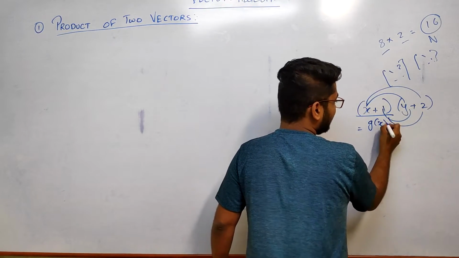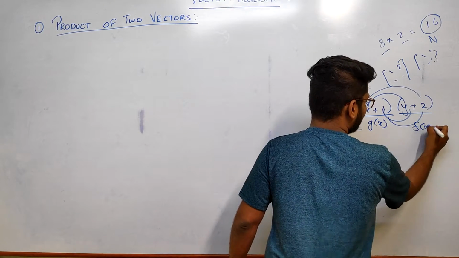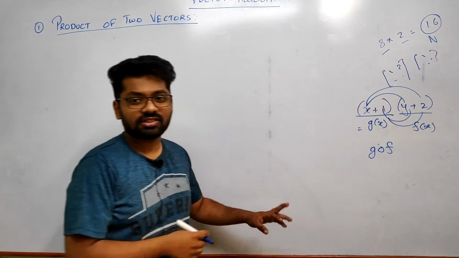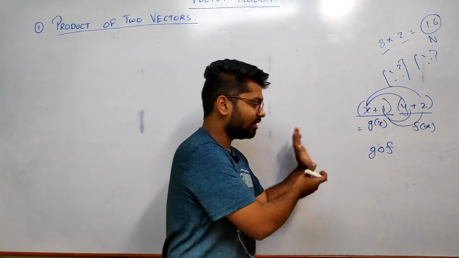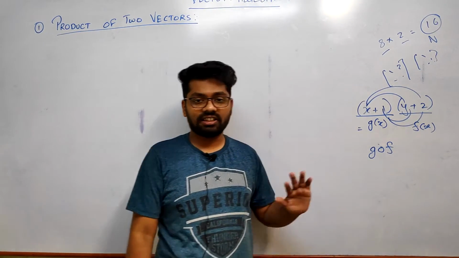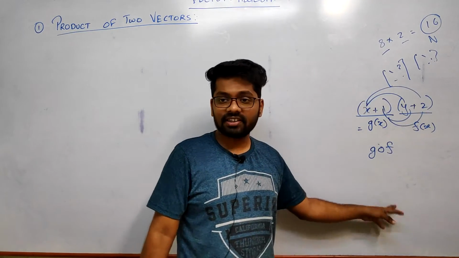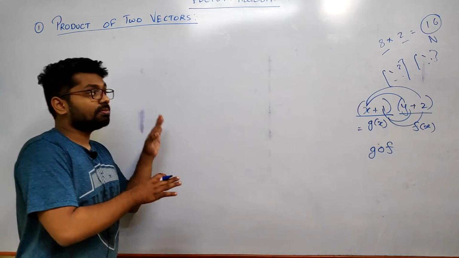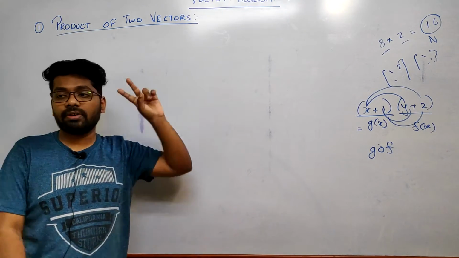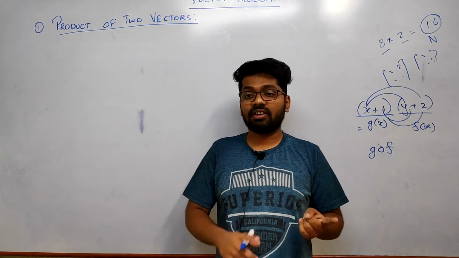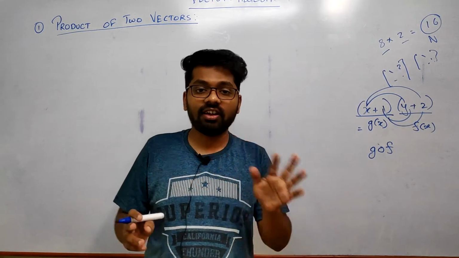Consider this as g of x, consider this as f of x. You can write it as f circle g of x or g circle f of x. This is composition related thing that we have already seen in relations and functions. Functions are like that, but when it comes to vectors, there are two methods of multiplying. In 10.3 we will be studying the first method, and in 10.4 we will be studying the second method.